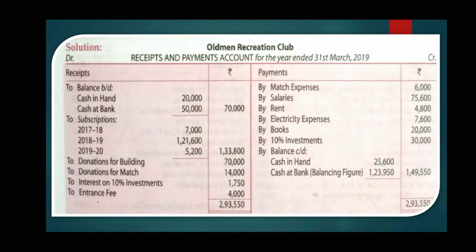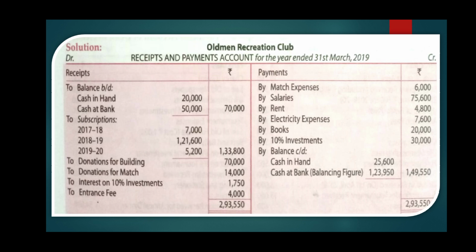And on the receipt side, look carefully that we have started from the opening balance of cash in hand and cash at bank, that is 20,000 and 50,000, total is 70,000. Then subscriptions are written. Next, donations for building and donations for match. Next receipt is interest on 10% investment, and last is entrance fees.